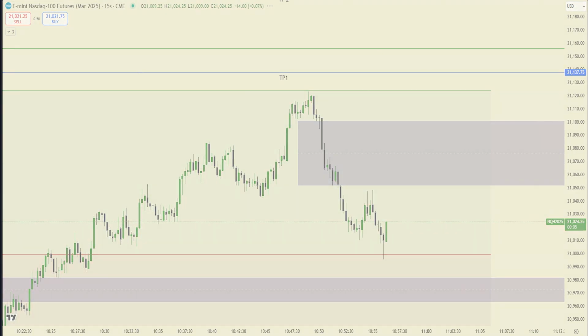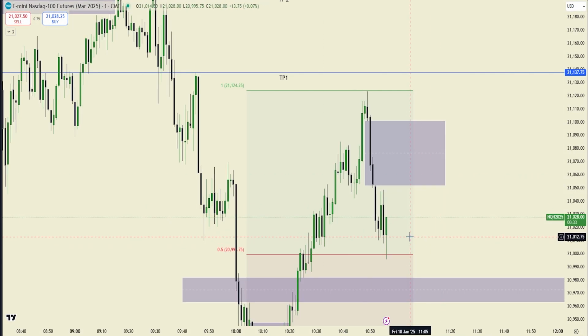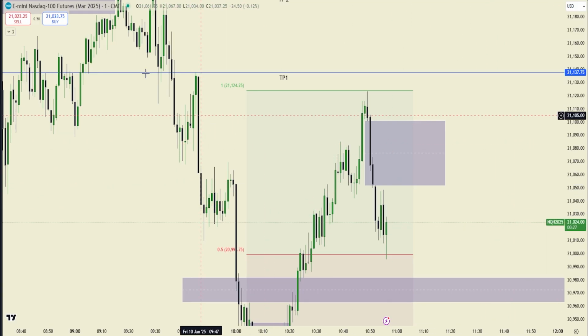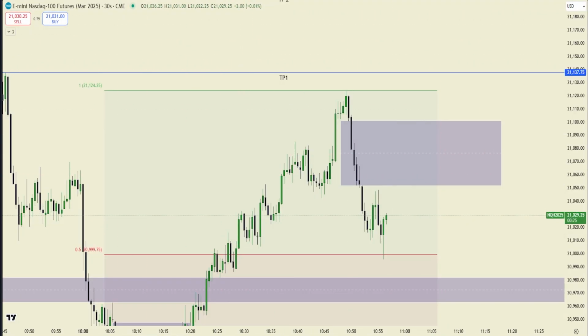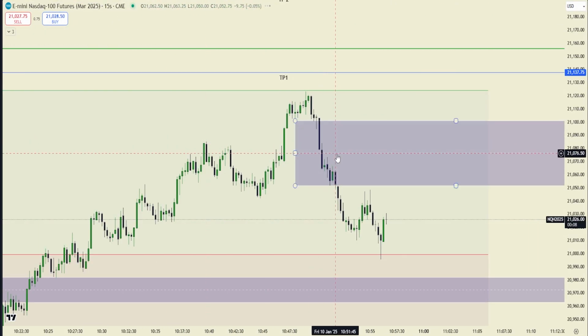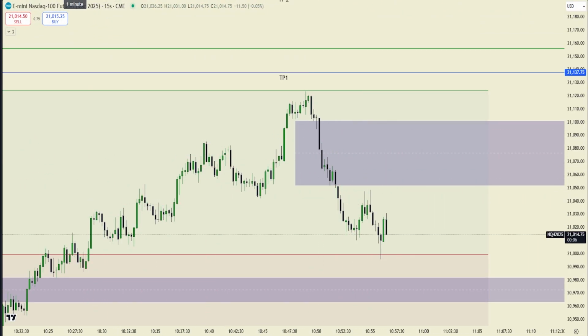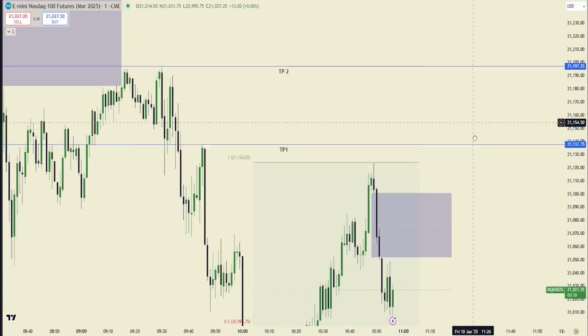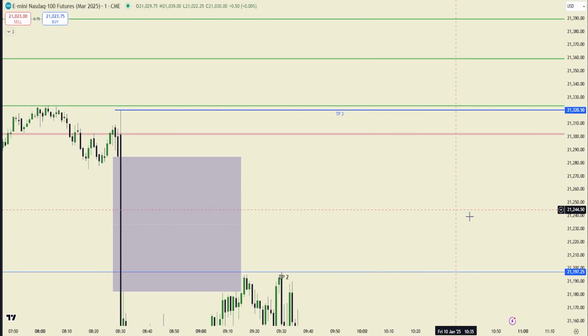So this 1-minute OB was not put in. We didn't close below the wick there, so still watching and waiting. I have them drawn out here, so TP1 would still be the same, TP2, and then TP3.